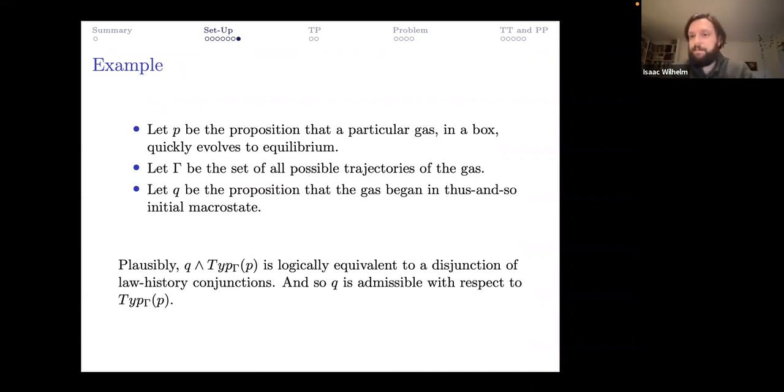And my typicality principle says it is therefore rational to believe that the actual gas's trajectory is going to be one of those. And I just think that's the right result. It is rational to believe that, because that's almost all the gases. It's only irrational as soon as you say, yeah, but that's equivalent to saying that the gas is following a non-actual trajectory.